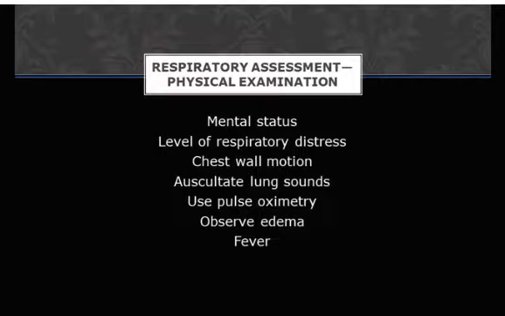If you've got a patient that is using intercostal muscles, I encourage you all, when you get done with this, to Google intercostal muscle retractions and look at that. It's something you have to look for.